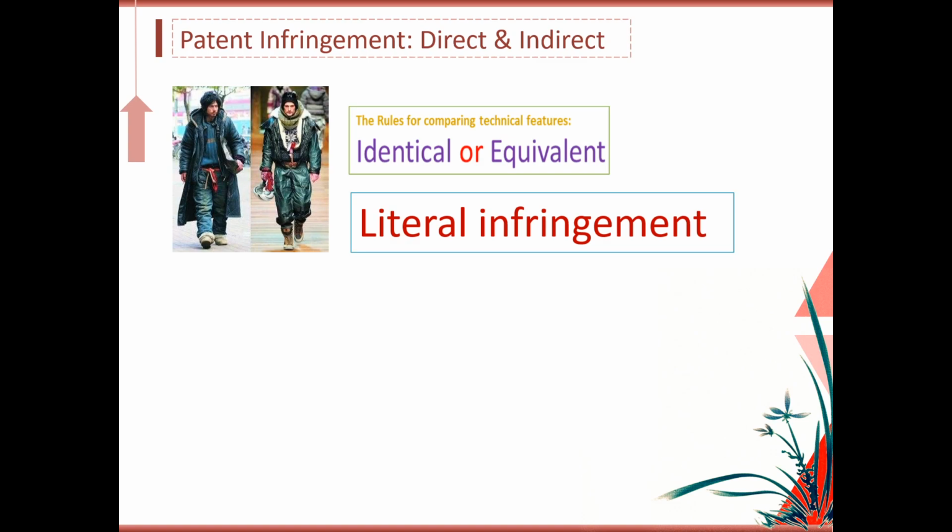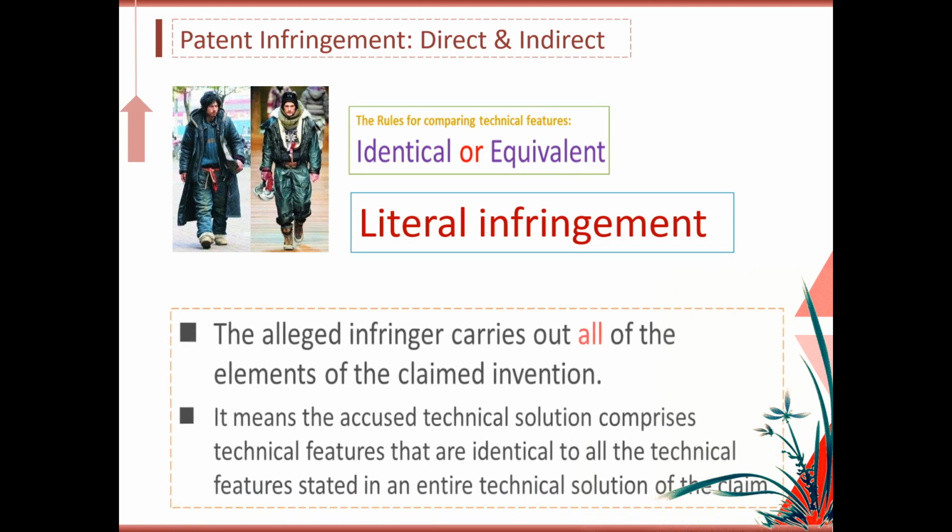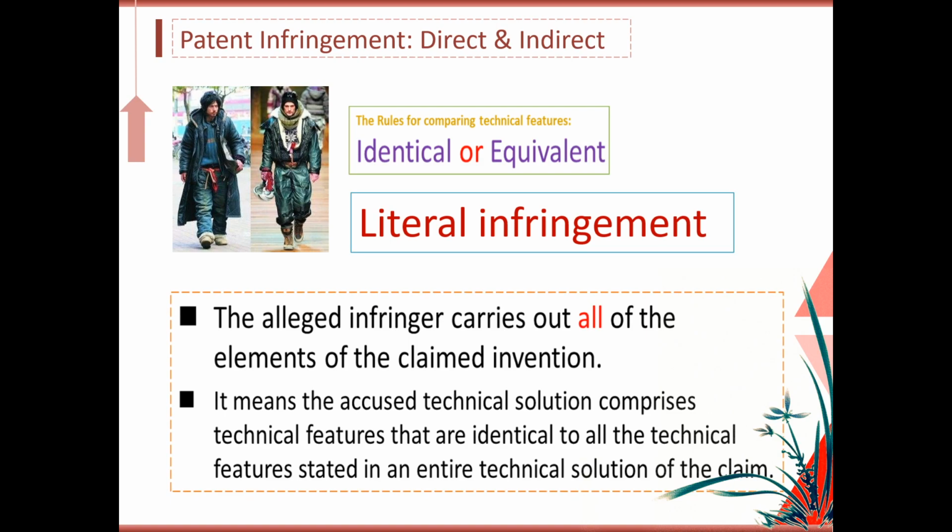It means the accused technical solution comprises technical features that are identical to all the technical features stated in the entire technical solution of the claim proposed by the patent owner in the application documents.